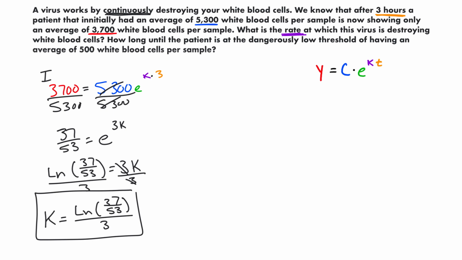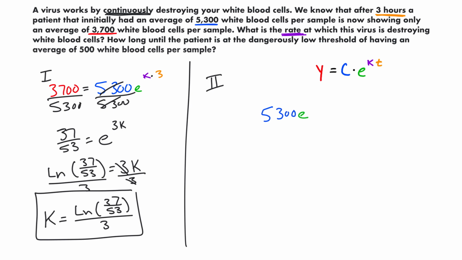Now, part 2 has an interesting extension to this. Part 2 was stating, all right, well, now that we know the rate of decay, can we figure out how long it's going to take, t, how much time it's going to take, until the level reaches a dangerously low threshold of 500 white blood cells per sample. So it's still the same setup. We still start with 5,300. It's still going to be e.